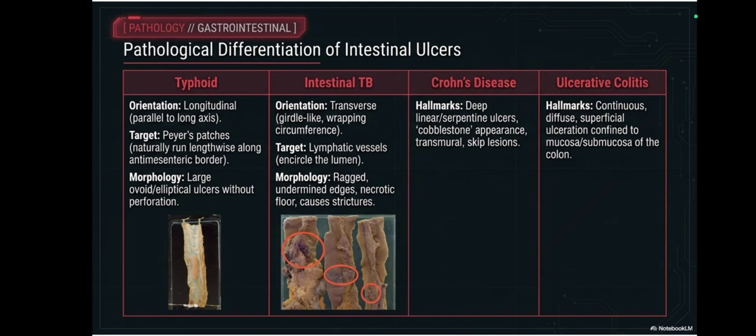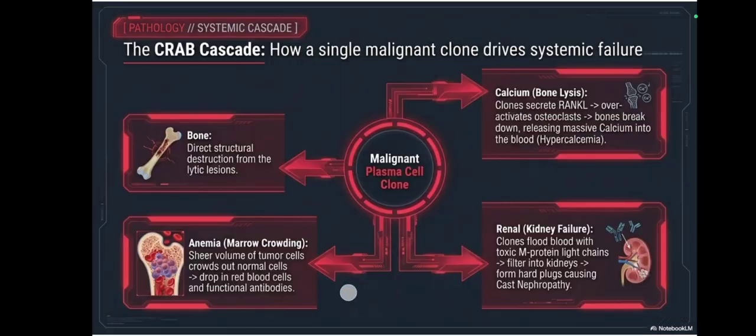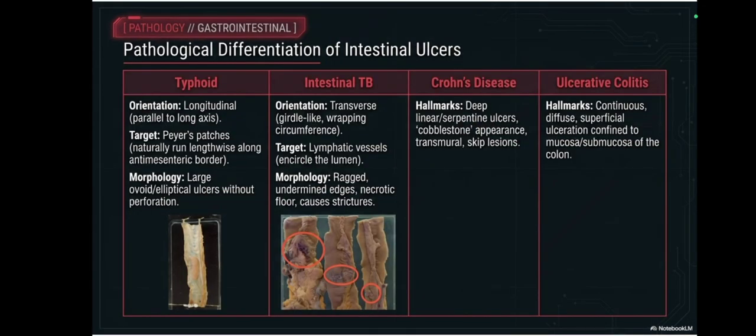So ulcer orientation in typhoid is parallel to the long axis, whereas in tuberculosis you can see that they are horizontal or perpendicular to the long axis.